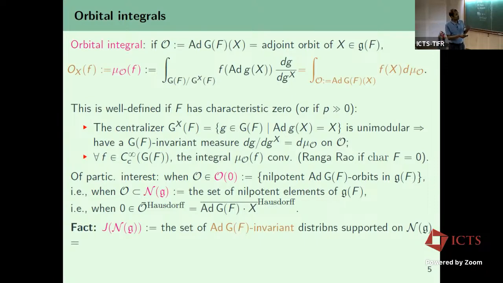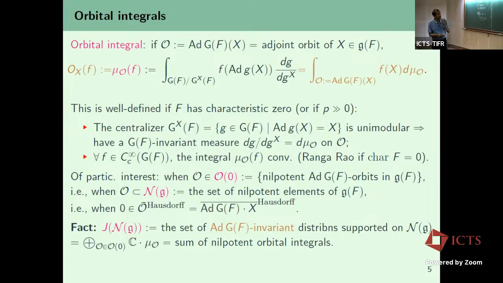So this is the space of all distributions, and in fact, these are all. That is, the space of distributions supported on the nilpotent set is simply spanned by the set of all nilpotent orbital integrals. You know, they are also linearly independent. Again, I'm continuing to assume that the residue characteristic is large enough or characteristic is 0.